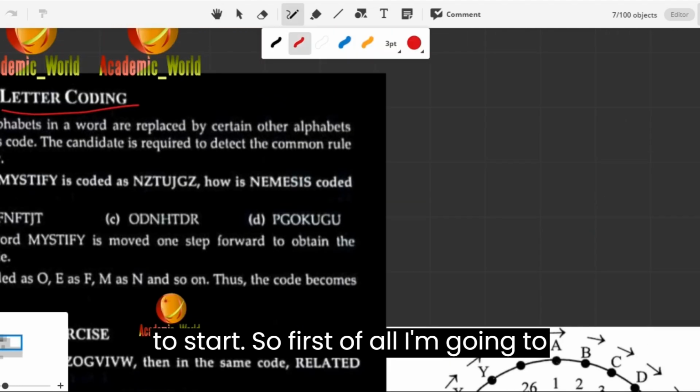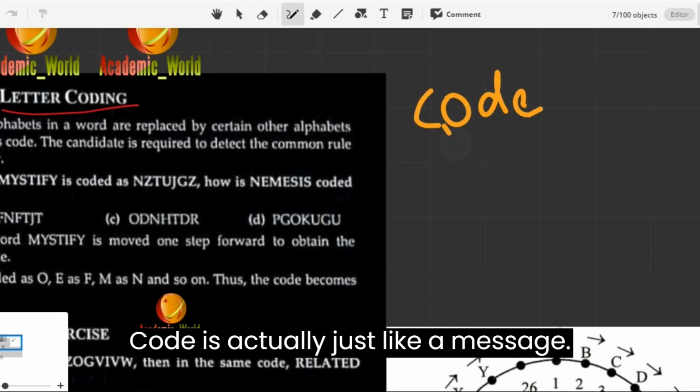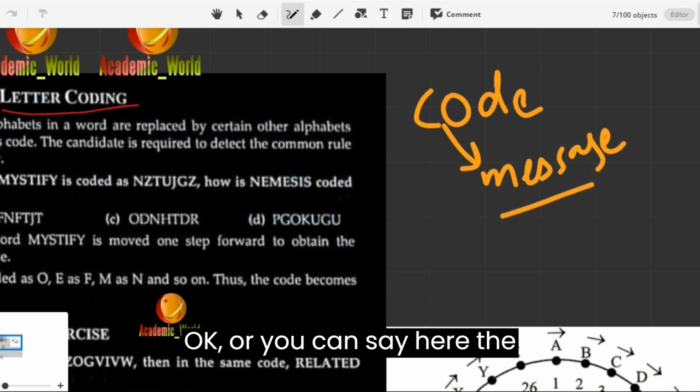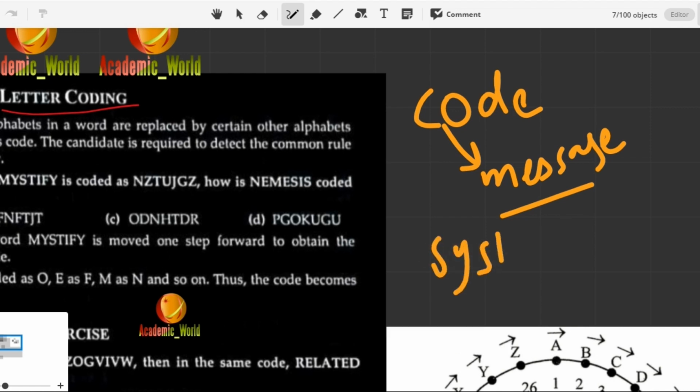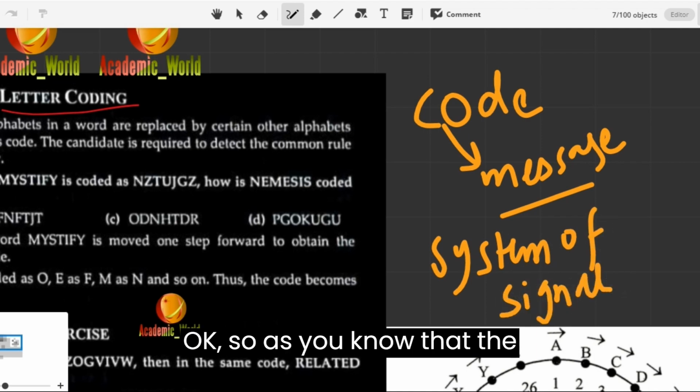First of all, I am going to explain what is meant by code. A code is actually just like a message, or you can say a code is a system of signals.